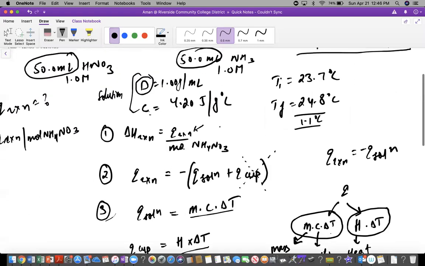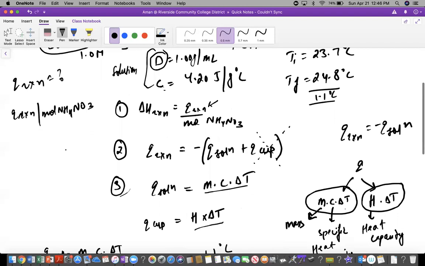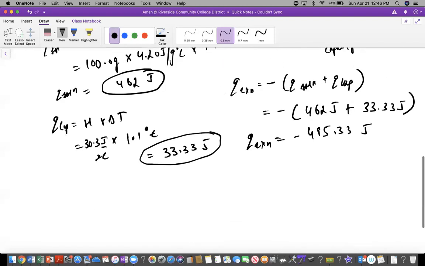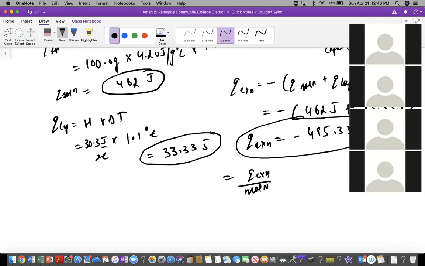The question is looking for two things: Q reaction, and Q reaction over moles of NH4NO3. We got the Q reaction, negative 495.33 joules. Now we also need to find Q reaction over the moles of NH4NO3.